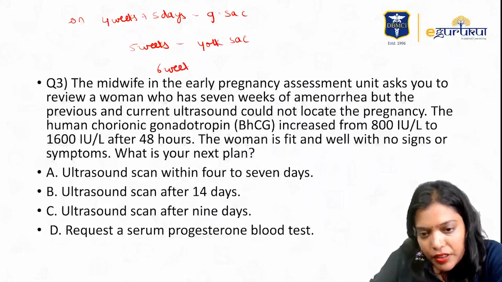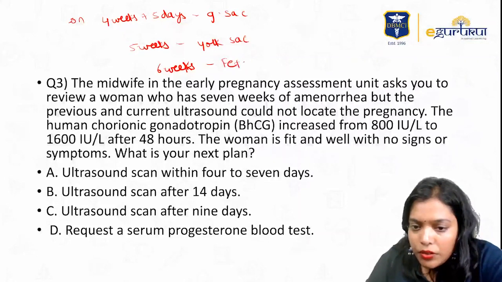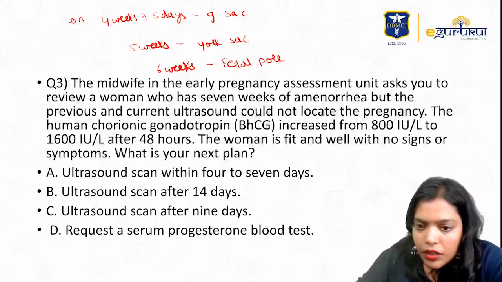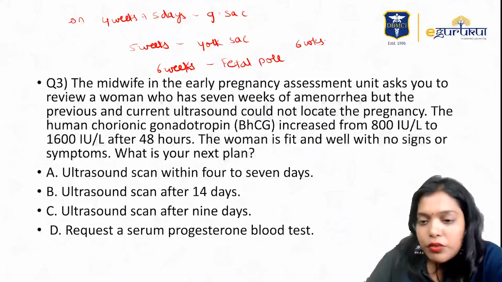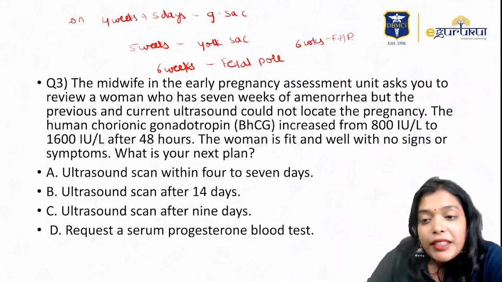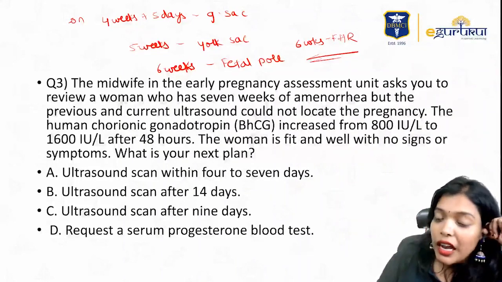By 6 weeks, you will see the fetal pole, and by 6 weeks later, you will see the fetal heart rate. So by 7 weeks, you should definitely see a gestational sac with fetal heart rate.